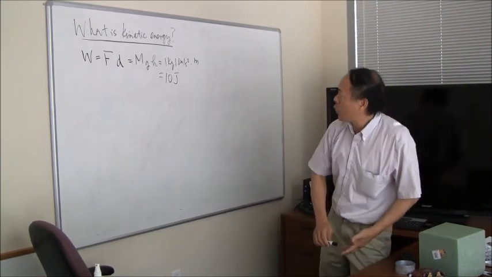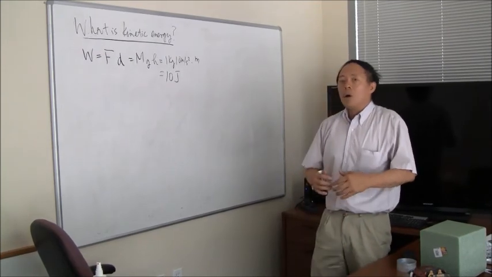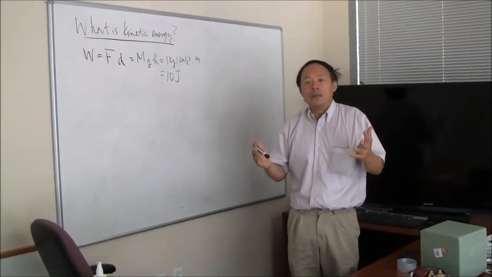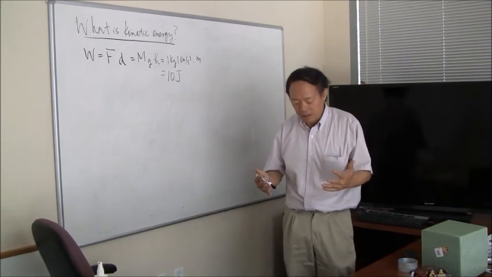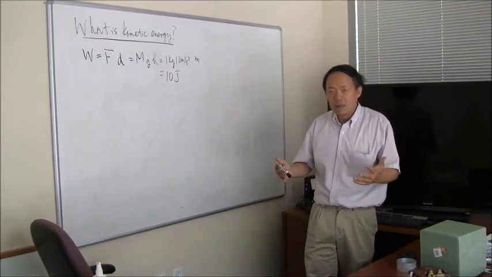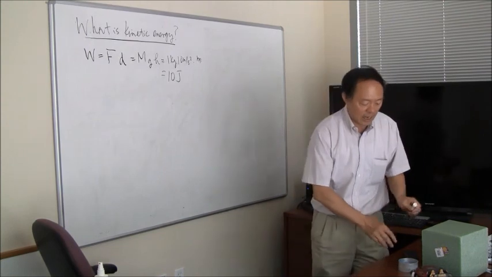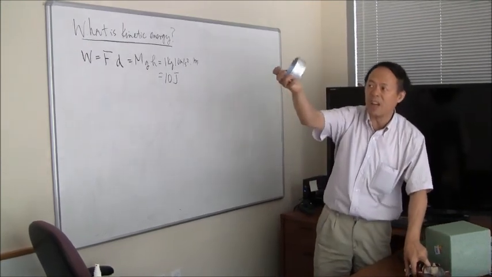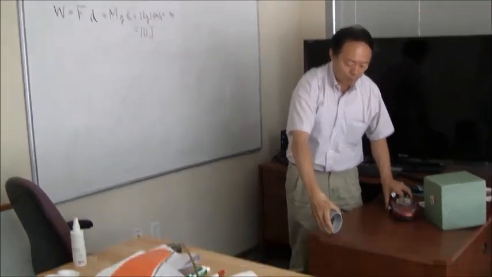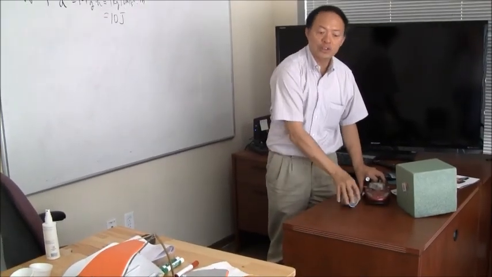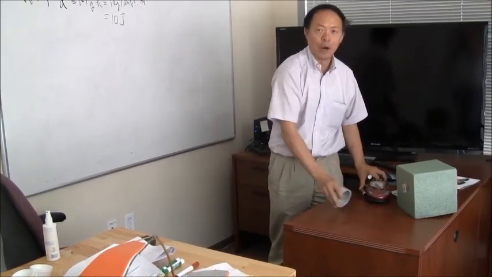So the question is, what is kinetic energy, and how is it a function of the velocity that is achieved by the concrete block? Again, as I can illustrate here, I may have an aluminum ring, and I can push it with a certain force so that it would start to roll.